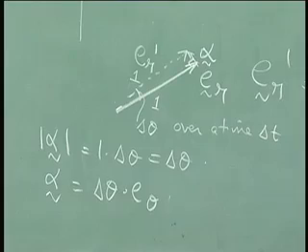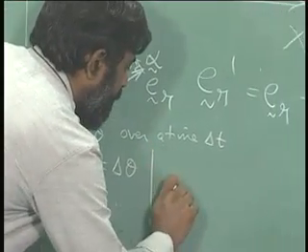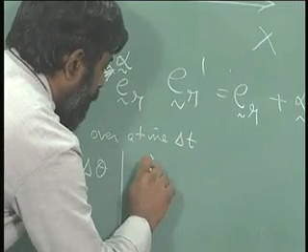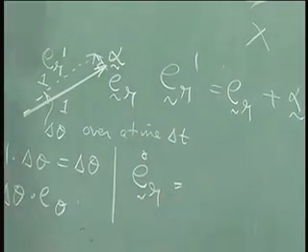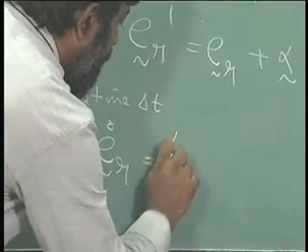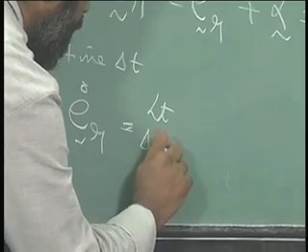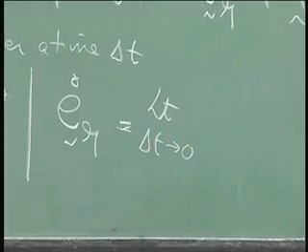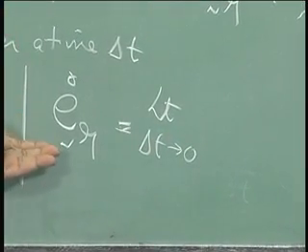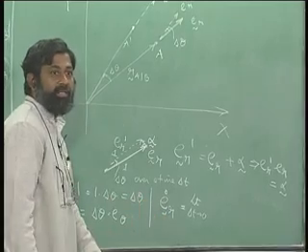Okay. And what is the rate of change of this vector ER? It is nothing but limit as delta t tends to 0, whatever change has occurred to ER divided by delta t.